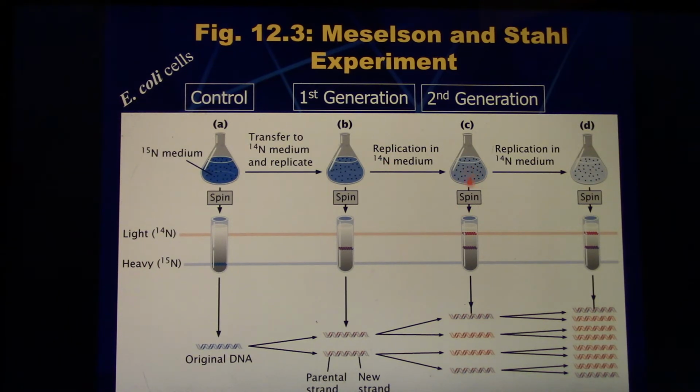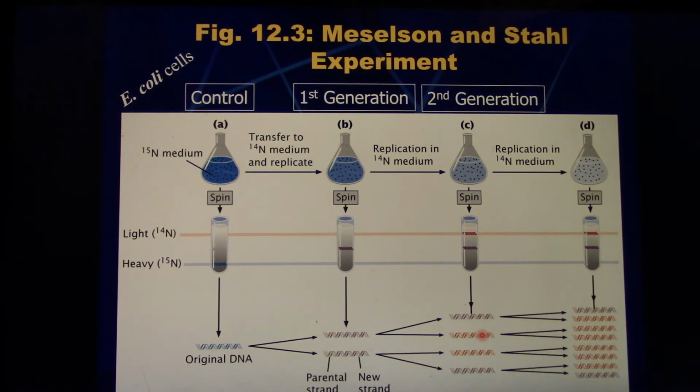They stopped growth, they broke open the cells and took out the DNA, and they spun it, and they found that they retained this band here that's a mix of old and new material, and now they have appearing a lighter band made of 100% nitrogen 14.